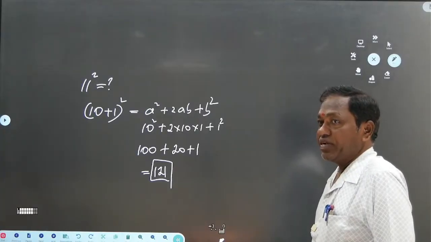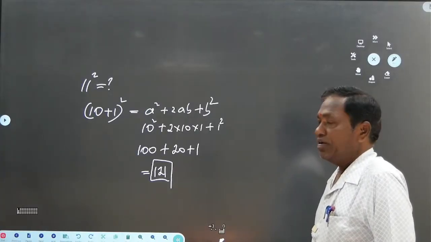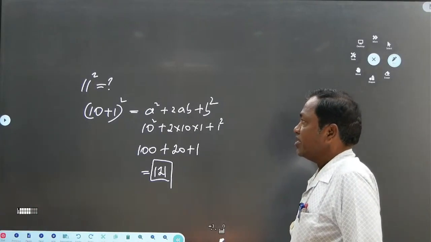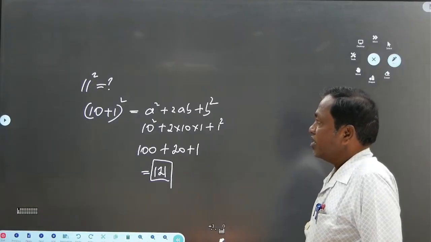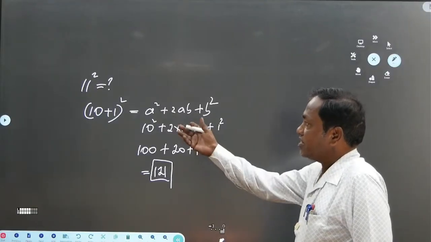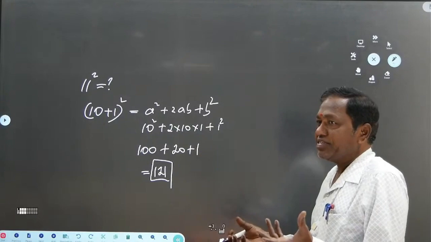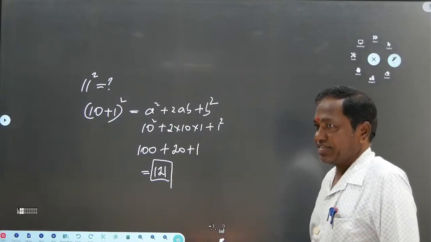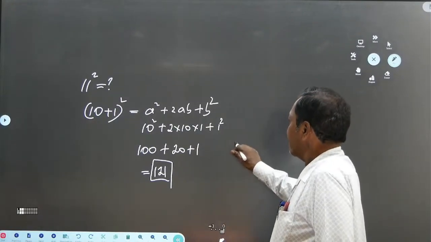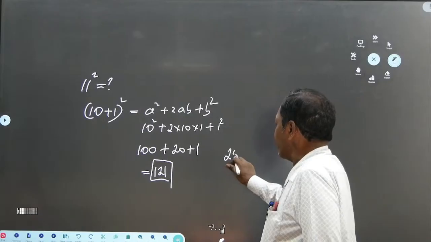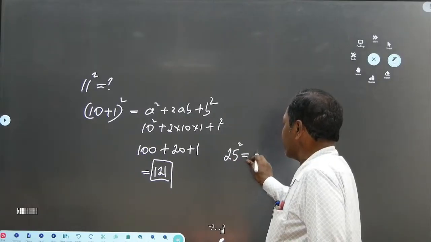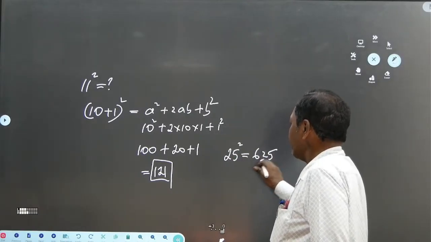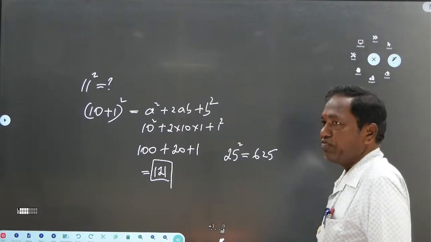For any number you can do like this. But my advice is that you take round figure numbers, where you get zeros. For example, 25 square, we already know is 625, isn't it? Now do it in the a plus b whole square formula.